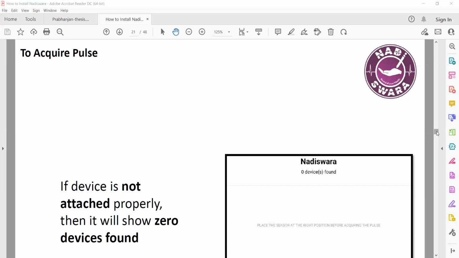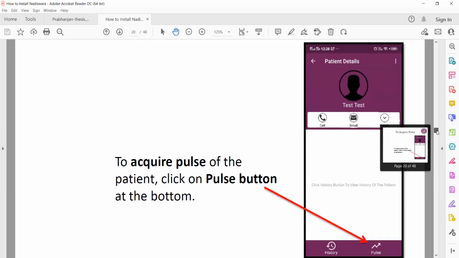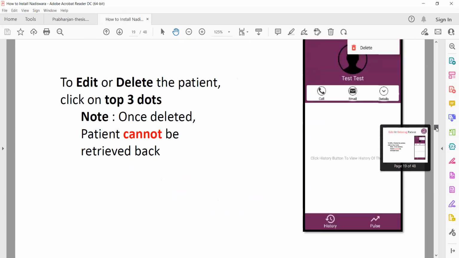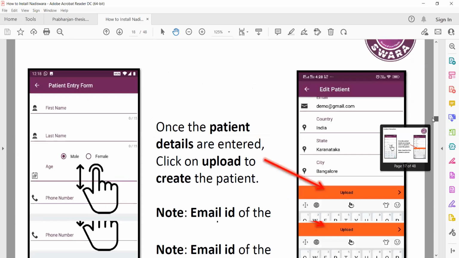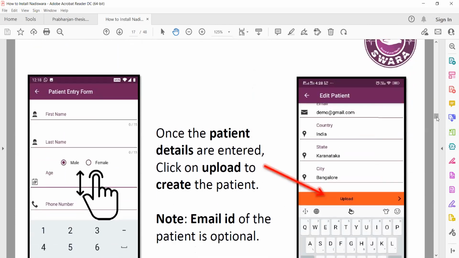After opening the application, you can enter the credentials which you are going to get during the registration time. And once that is done, the app is a very simple architecture that will allow you to create patient data.